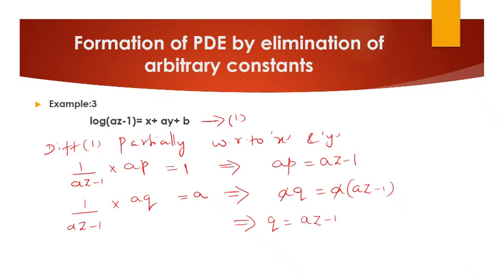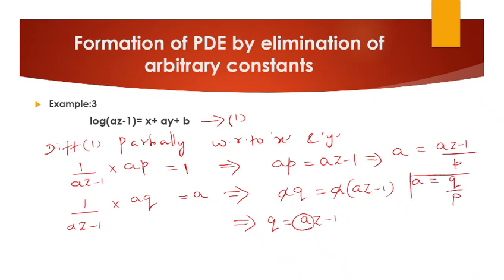So if we can give a substitution for this a, we'll be getting a partial differential equation. How can we get the substitution for a? From this we can write a as, a is equal to (az minus 1) by p, but az minus 1 is nothing but q. So we can write this a as q by p.